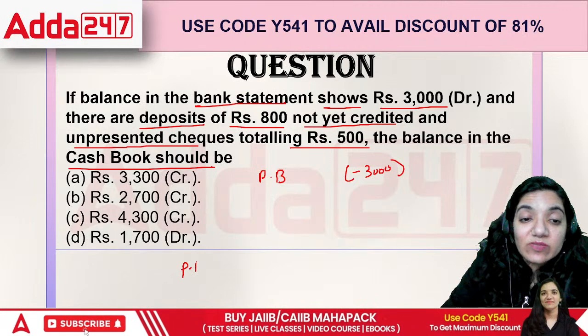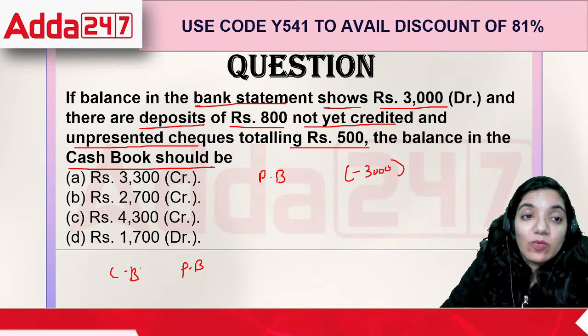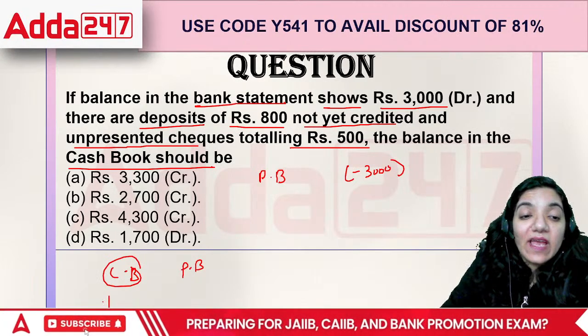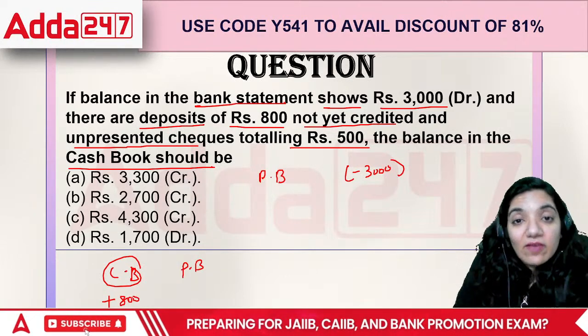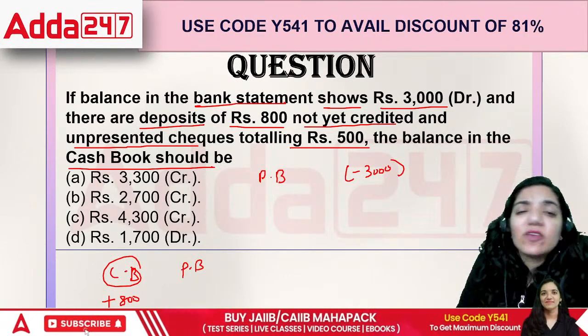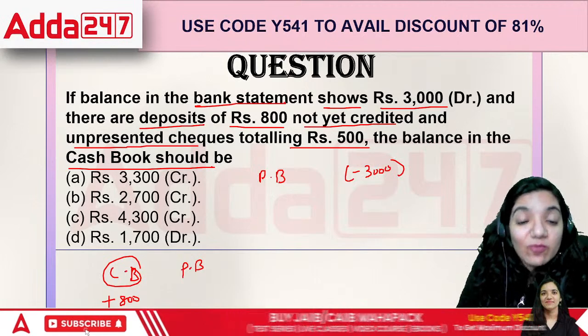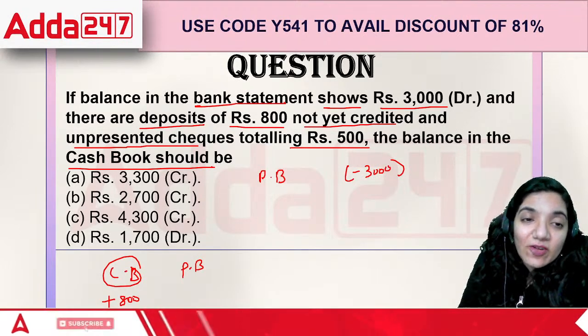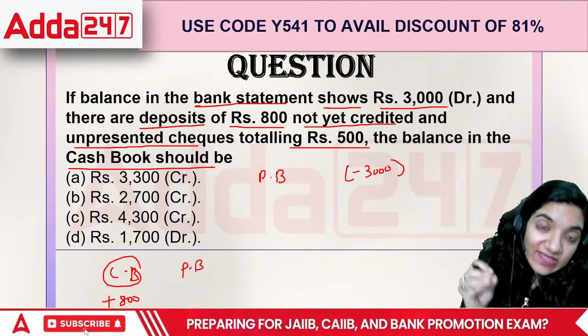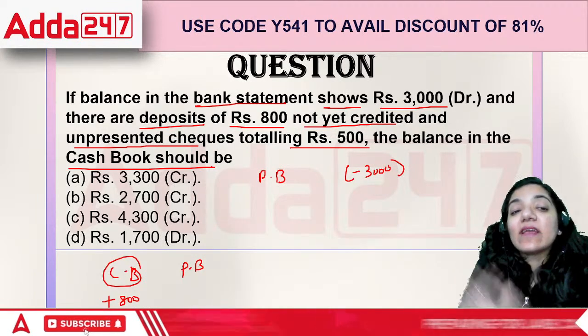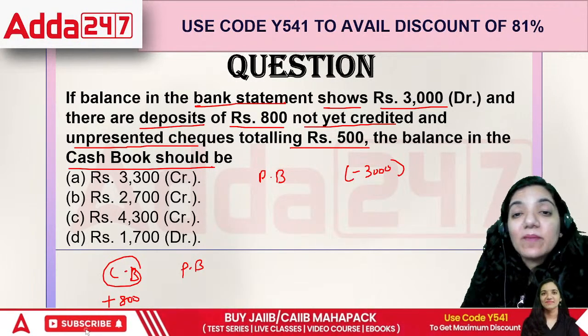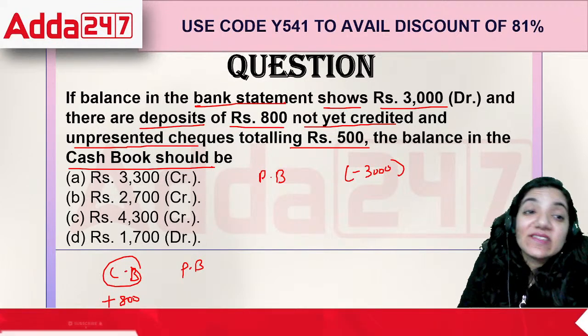So in the passbook and in the cash book, what has happened is people made an amount of 800 there, while under the passbook, we had no clue that the check was basically done or not. In my cash book, as soon as I deposited that check into the bank, I increased my balance. But in the passbook, it says, no, you haven't received the money yet.